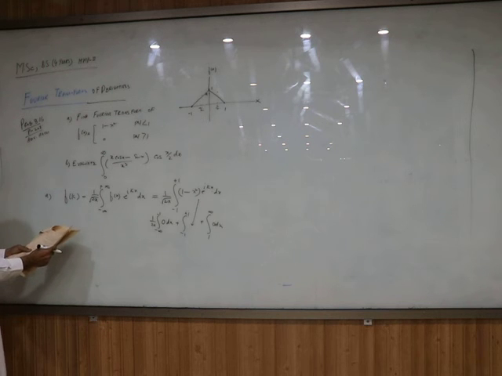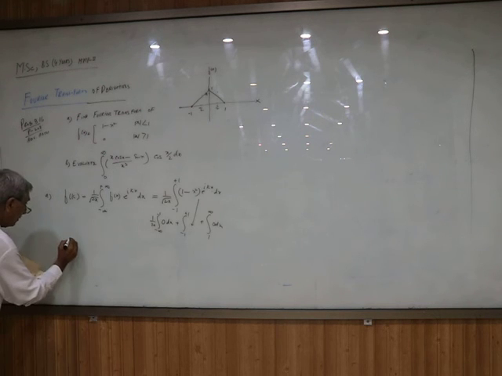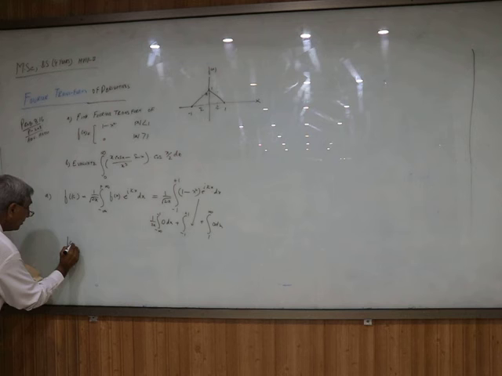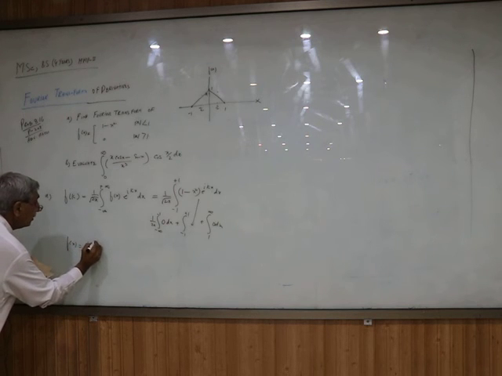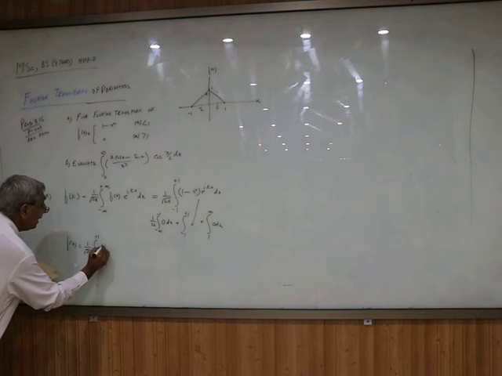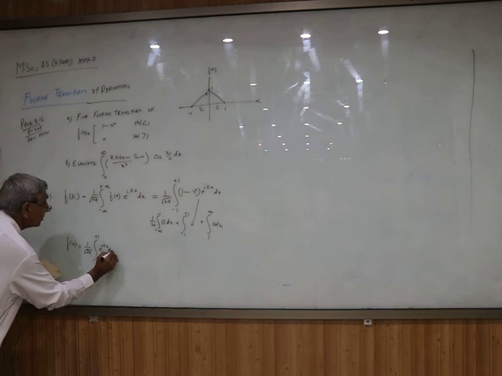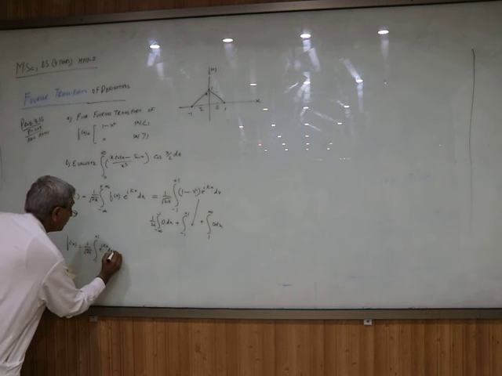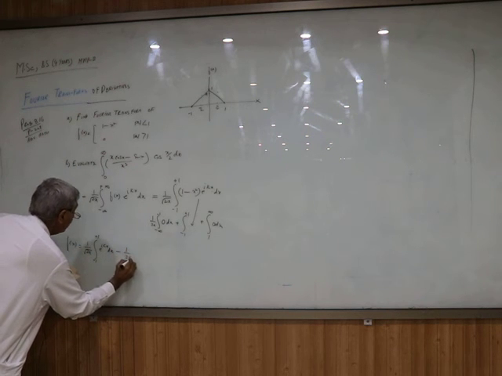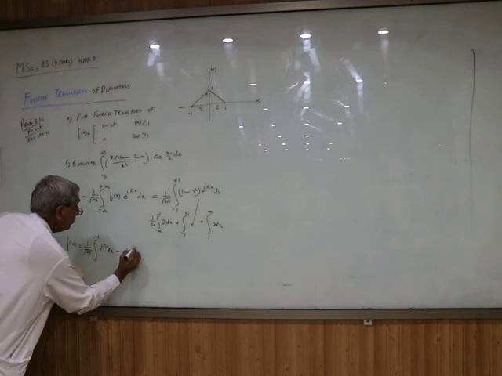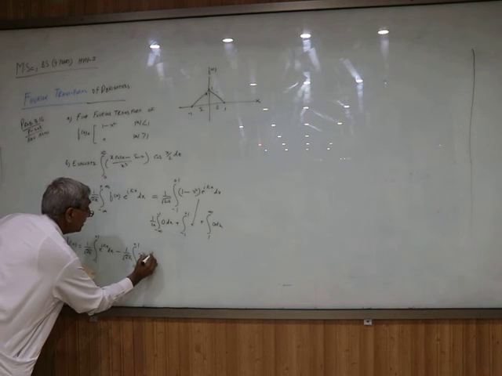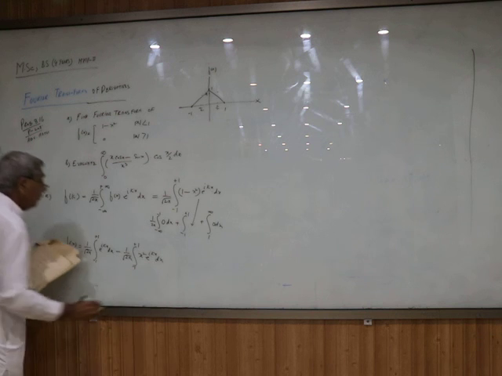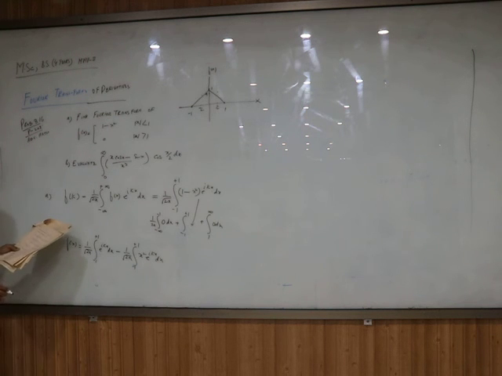This can be split into two portions. F(k) is equal to 1 over square root of 2 pi, integral from minus 1 to plus 1 of e raised to ikx dx, then minus 1 over square root of 2 pi, integral from minus 1 to plus 1 of x square e raised to ikx dx. Now you know the integration, limits are very simple.